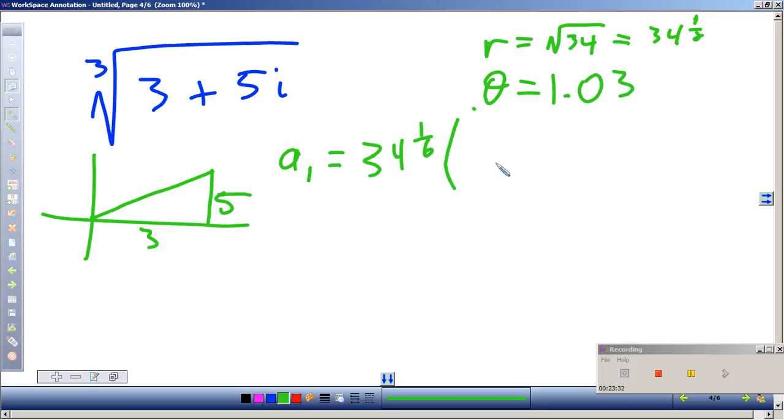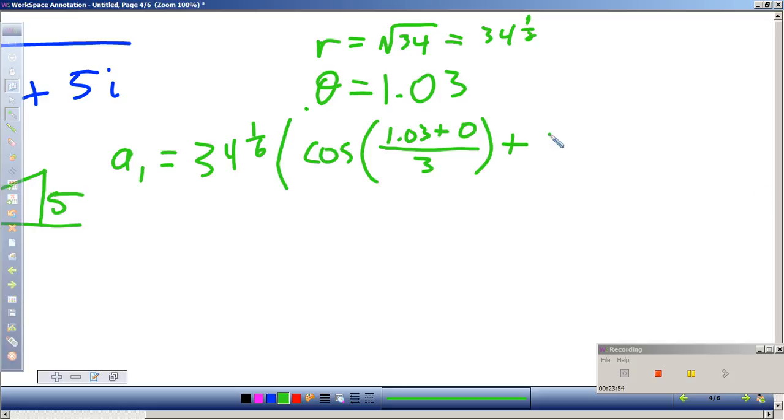Then we're going to have cosine of theta, which is 1.03, plus 0 over p, which is 3, plus i sine of the same thing, because remember we're starting at n equals 0.